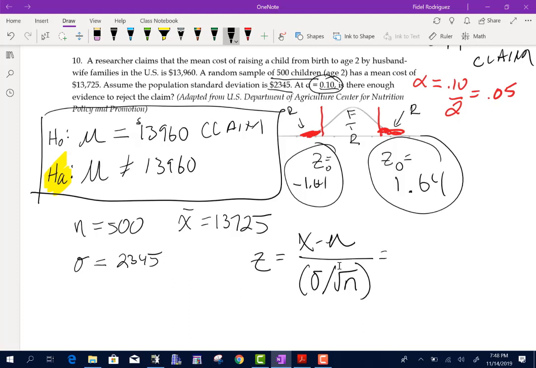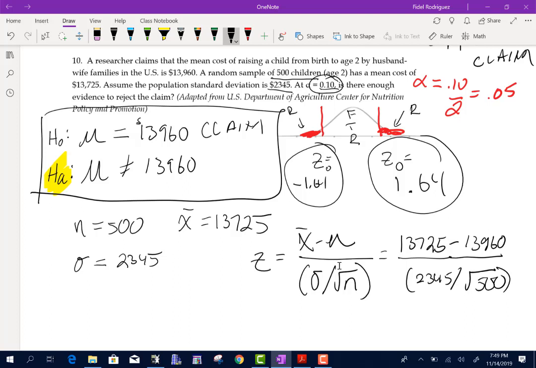So guys, notice what I'm doing now. I'm just going to do a little plug and chug here, okay? What is our x bar here? What's the x bar? The 13,725, right? 13,725 minus. What is the mu? The mu is 13,960, right? Okay. Divided by, what is my sigma? 2345 divided by the square root of, what's our n? 500.